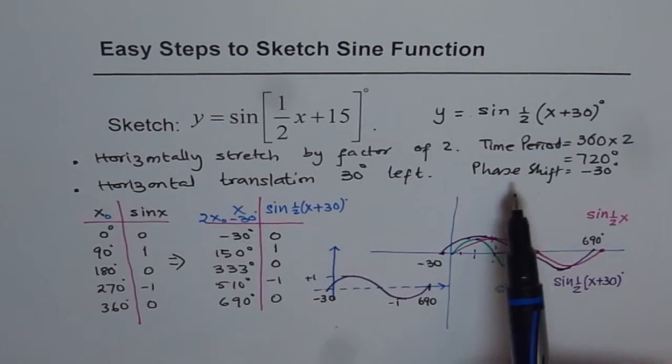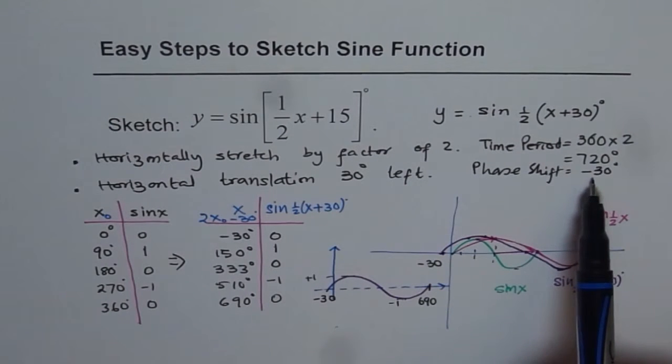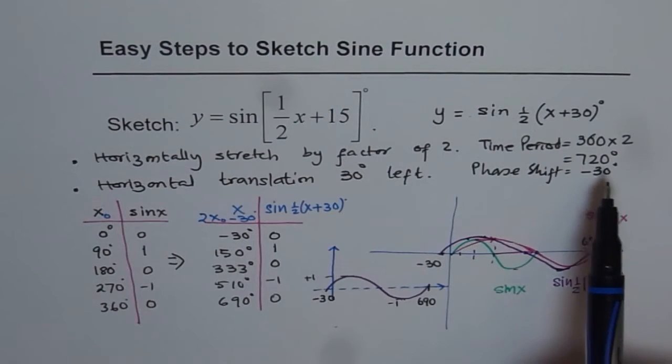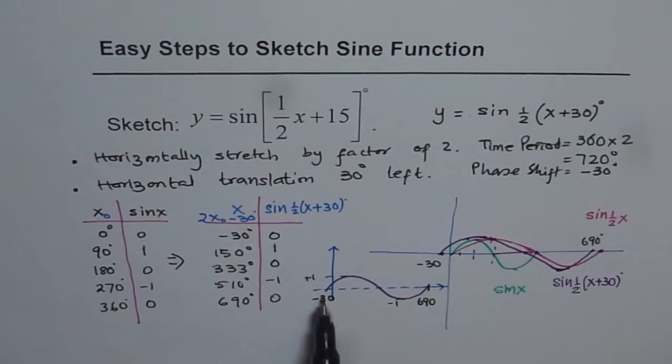One is phase shift, starting at minus 30. Second is the time period of 720. So it starts at minus 30, add 720, and you get your function straight. So that is another way of doing the same thing, right? Follow the method which you like.